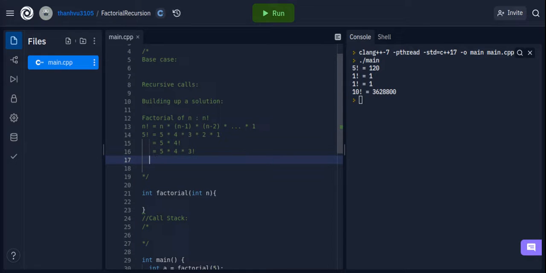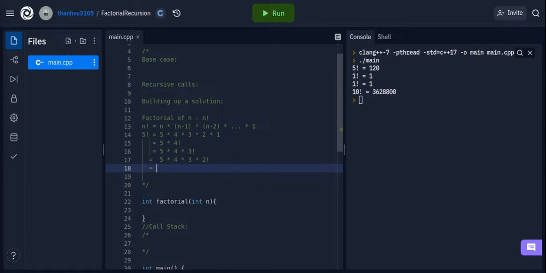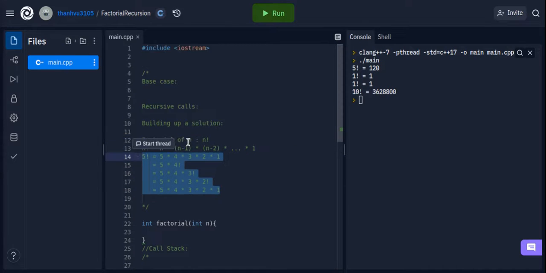So 5 factorial equals 5 times 4 times 3 times 2 times 1. Using this observation, we can build a recursive function on this concept.